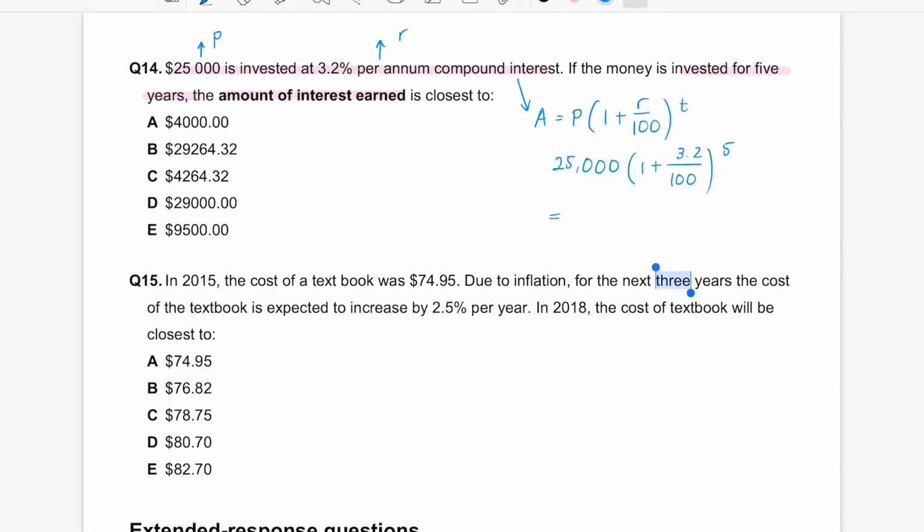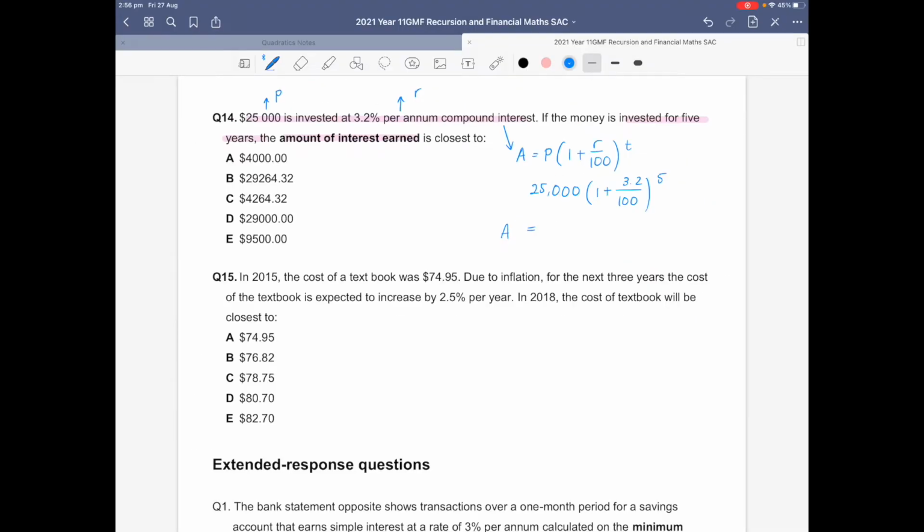So that's going to give us a total value of investment of 29,264 and 30 cents.